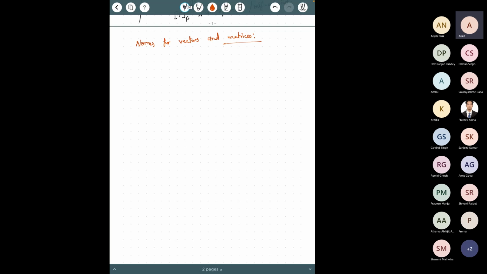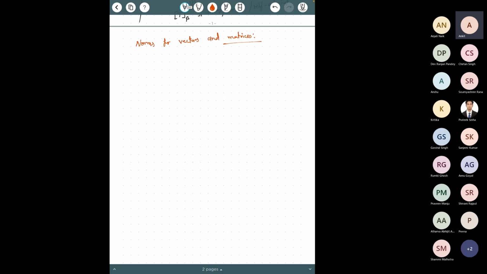Or under what circumstances might we say that two matrices are close together or far apart?